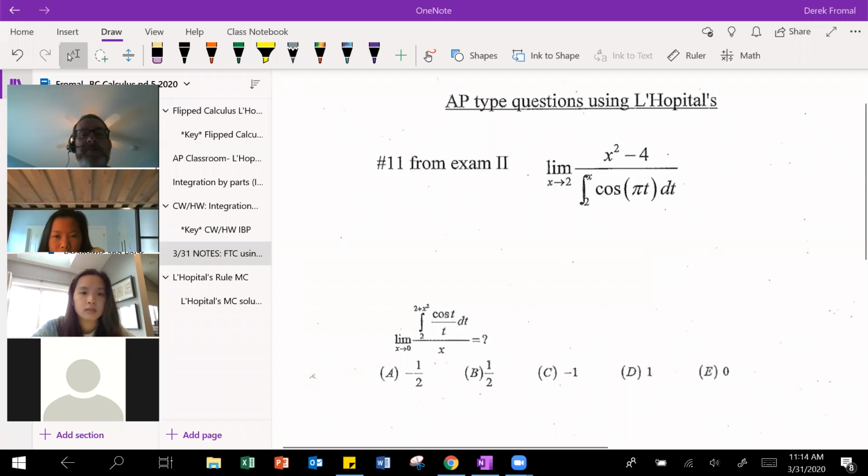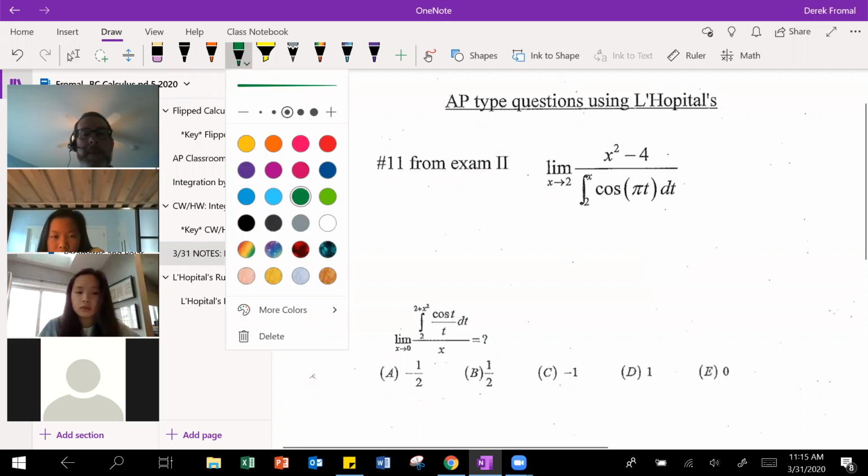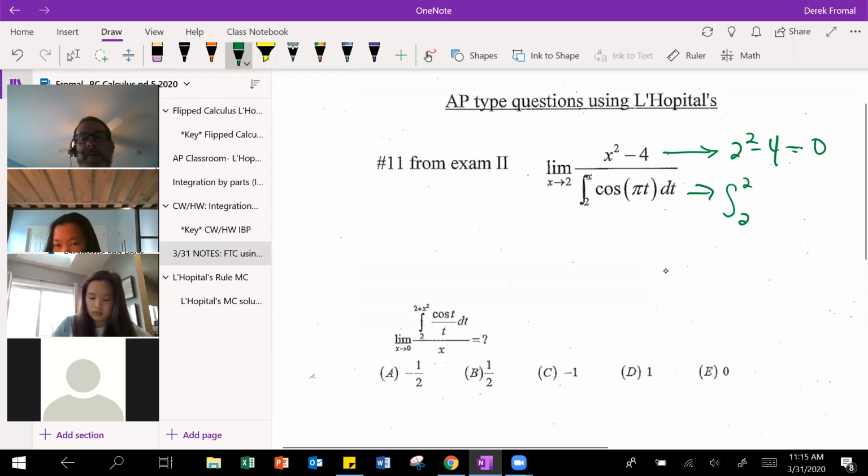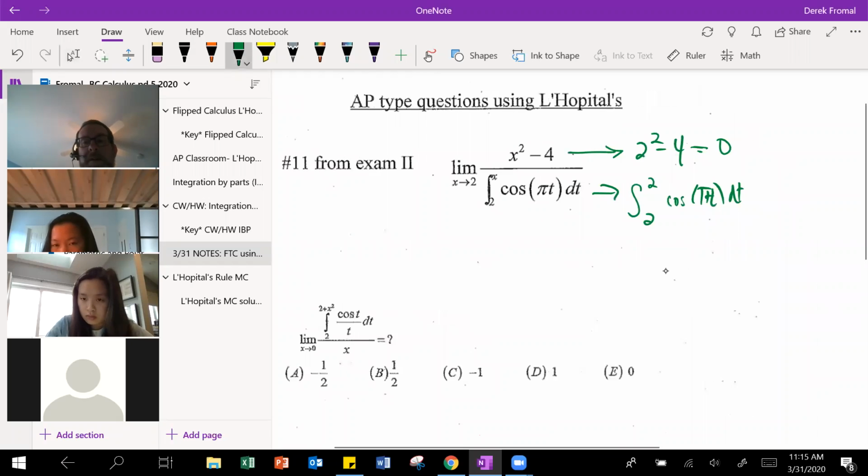So this first one, if I look at the limit and I try to plug 2 in, that part's approaching 0. And then if I try to plug 2 in for x there, that's also approaching 0 because the limits of integration are the same.